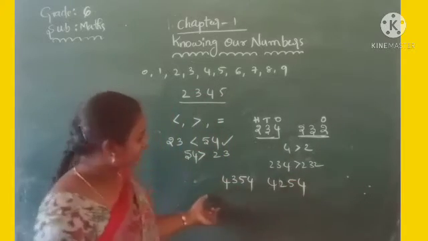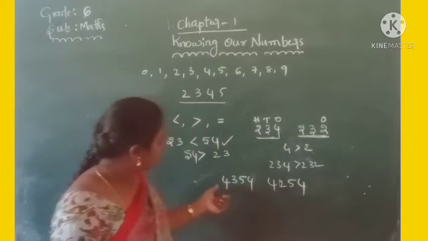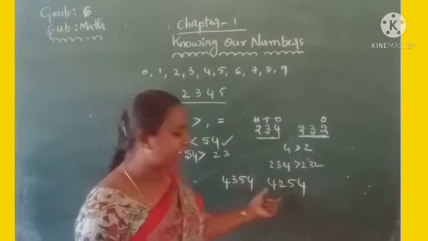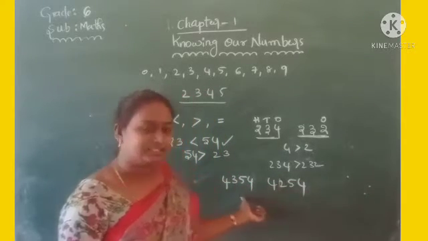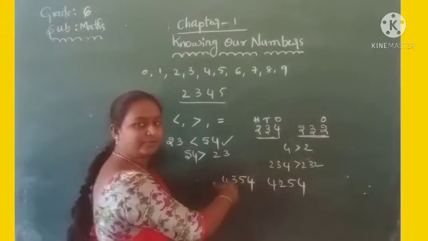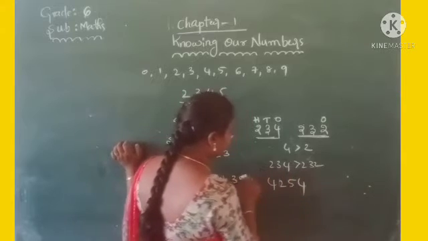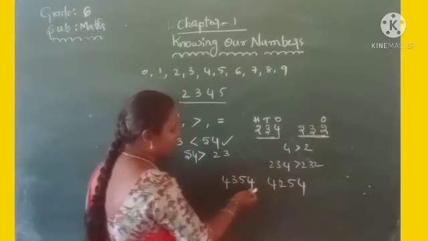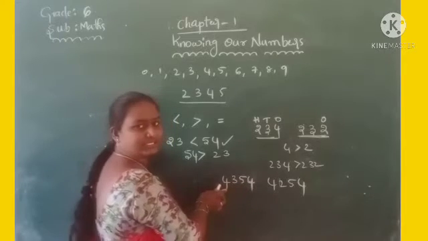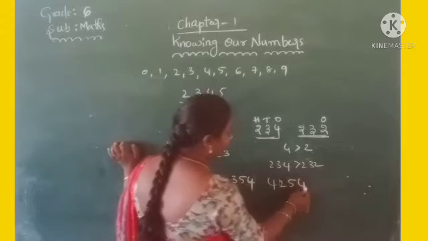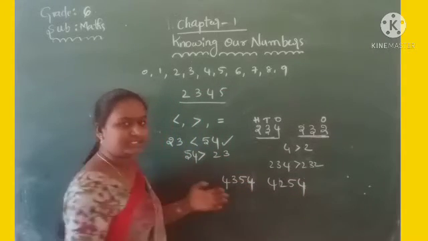You can also compare 4-digit numbers. So observe here: 4354 and 4254. Which one is greater? To compare these two numbers, we have to start from the ones place, then tens, hundreds, thousands. First check the ones place: here 4, here 4, both are the same.